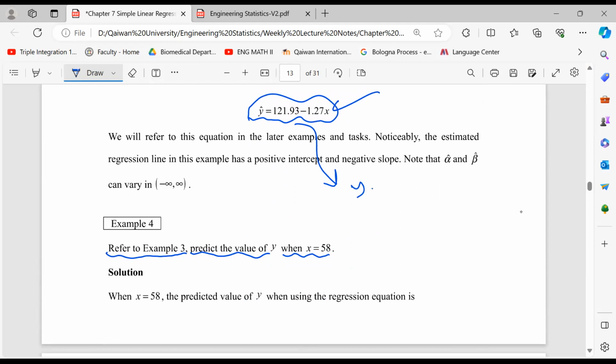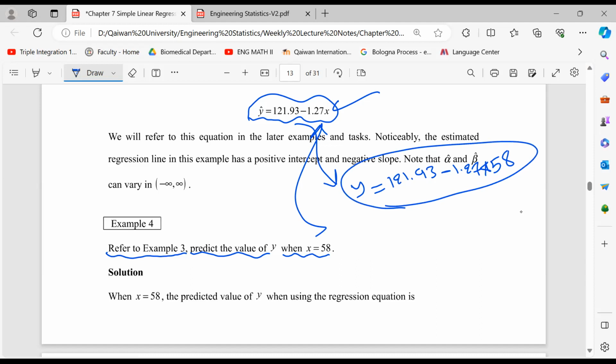We say y is 121.93 minus 1.27 multiplied by 58. We just plug the value of x into the equation. We get the value of y. Only y is unknown, so it's just calculating the addition, subtraction, and multiplication to get the value of y. That's it. It is how to find the value of y if x is given.